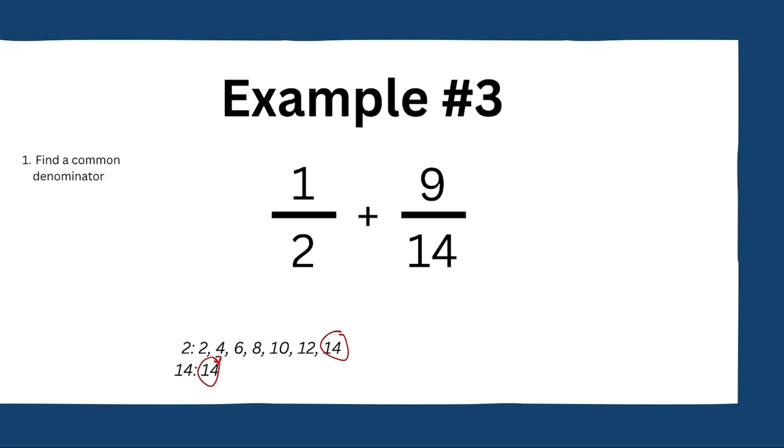So that's why I prefer the list method, because when I was in elementary and a little bit of middle school, I would sometimes get tripped up because sometimes you can multiply the denominators and you will find your common multiple that way. But when you write out the list, you are more apt to see that first multiple that they both share instead of the maximum multiple that they share.